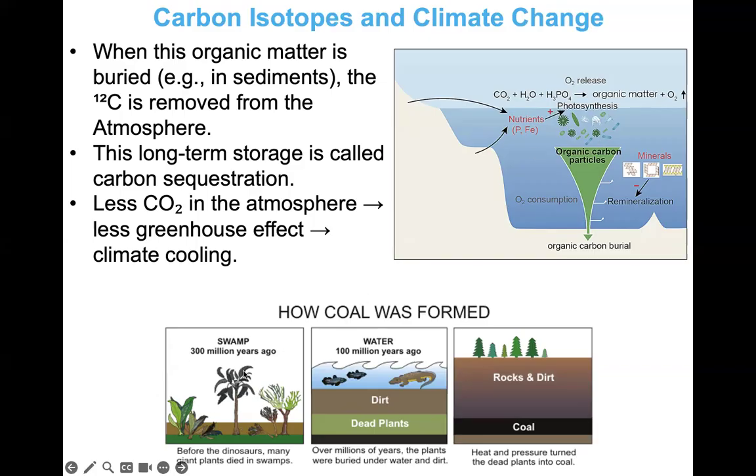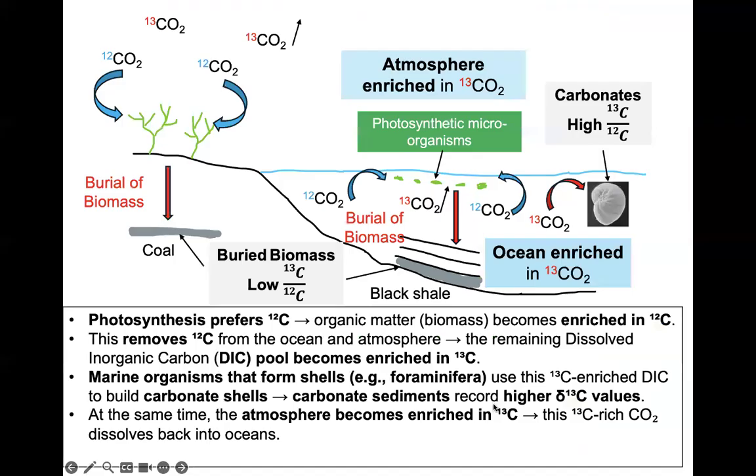it applies to coal formation. Again, here we have the trees. They remove C12 from the air and incorporate that into their tissue right here. And finally, when they get buried, they become rich in C12. This is an explanation again. So in terms of plants, we remove CO2.